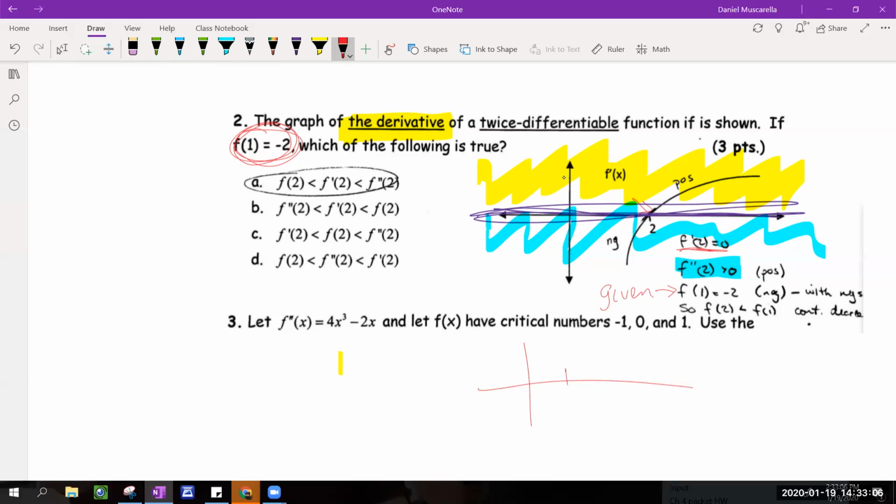So if I'm thinking about a number line, here's 1, here's 2. Now, if I look at the part that's highlighted here in blue underneath, my y values down here, below the x-axis, those are all negative. So if I know my y value is going to be negative, and we're told that f of 1 is -2, say that's -2, f of 1 equals -2.